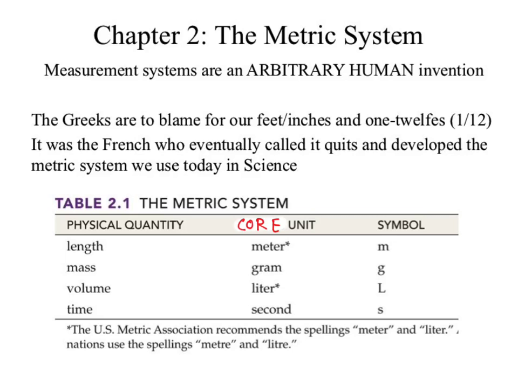We're talking about meters, grams, and liters. Why reference it as a core? Have you heard of another unit involving meters, grams, or liters? Yes, you have. Volunteer one. Milliliters. What is the core unit for volume? What have I done?